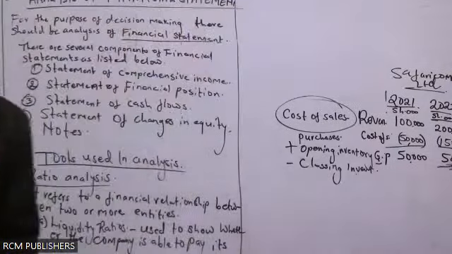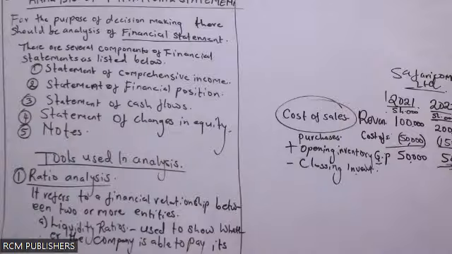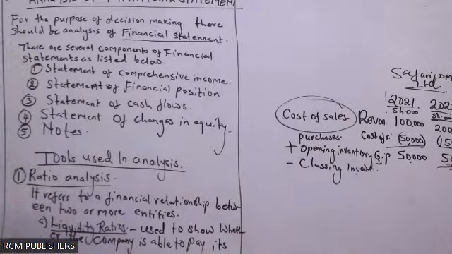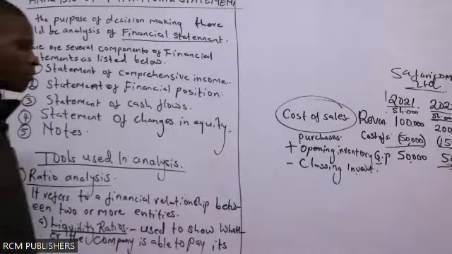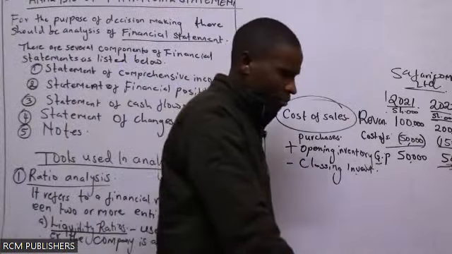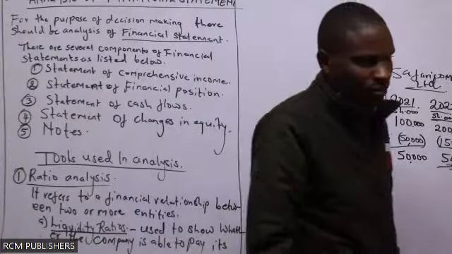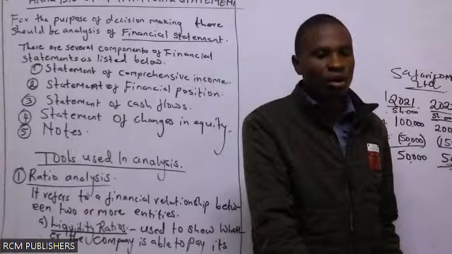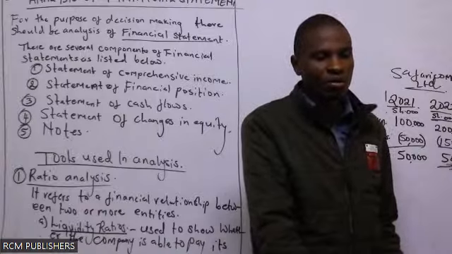Thank you very much. So when you hear of a liquidity ratio, this will help you to determine whether that company is able to pay its short-term debt. Short-term debts are debts that are payable within a period of how long?